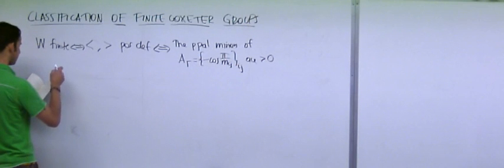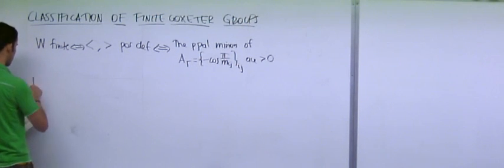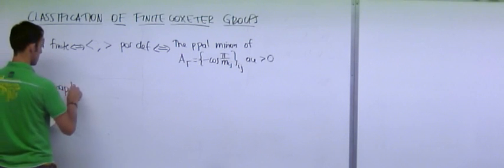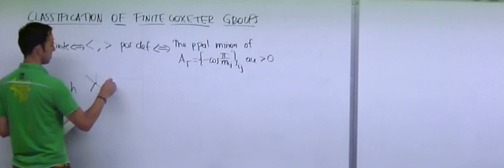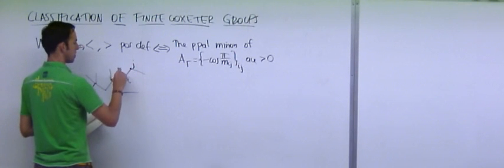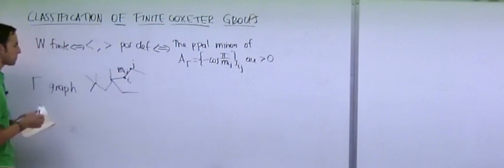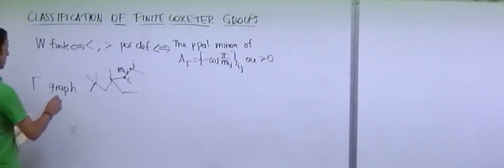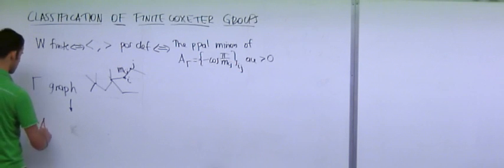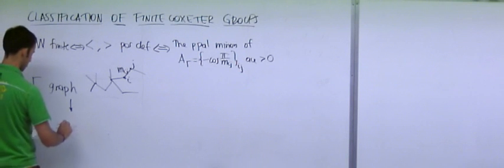So, let me start with a graph, gamma. So it looks like this. There are numbers, mij, on the graph. They're positive integers or they're infinite. And we're making a matrix, A gamma, out of this.